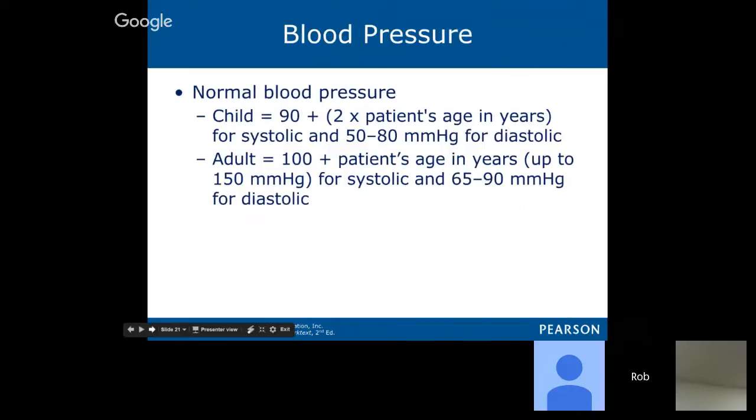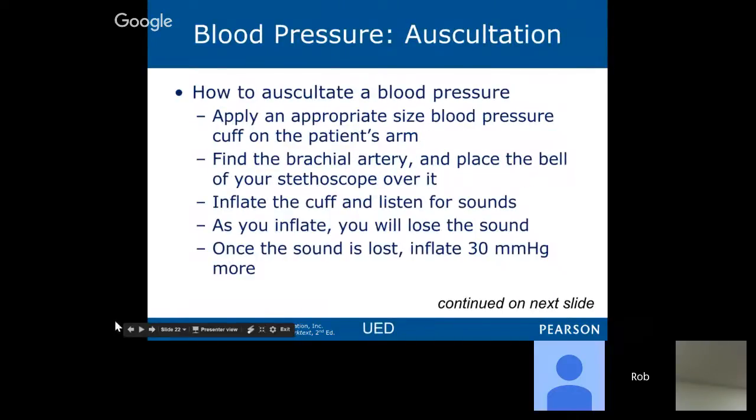So how to auscultate a blood pressure. Apply an appropriate sized blood pressure cuff on the patient's arm. Guys, this is very important. A blood pressure cuff has what's called an index line. If you look at a blood pressure cuff, the index line will be a white line that goes from top to bottom of the cuff, usually on one end. That index line, as it wraps around, has to fit inside the range.